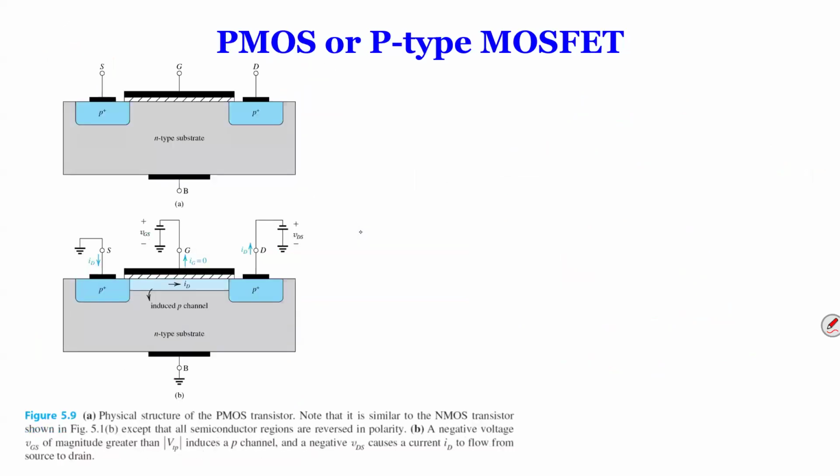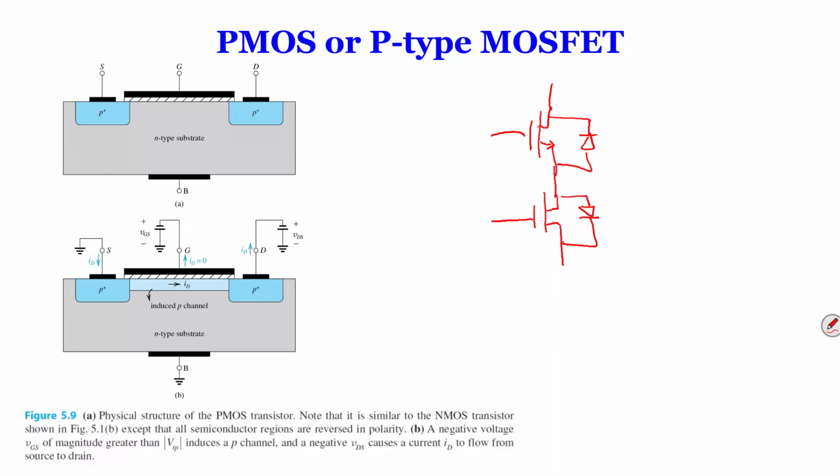So let's see. Okay, maybe I can use this space. So sometimes if you want to conduct the current, current can go this way, can go this way.